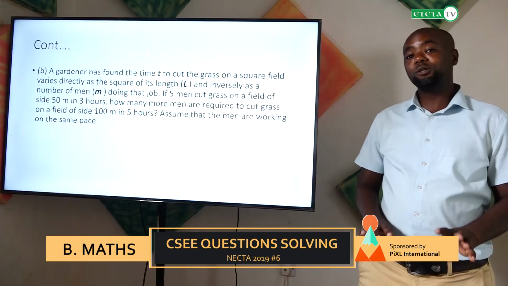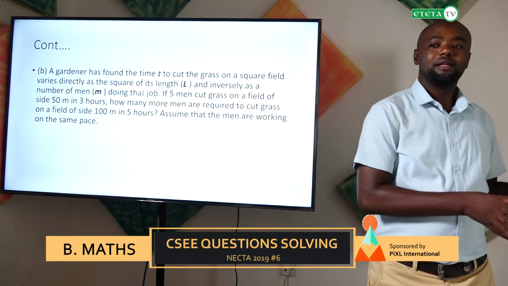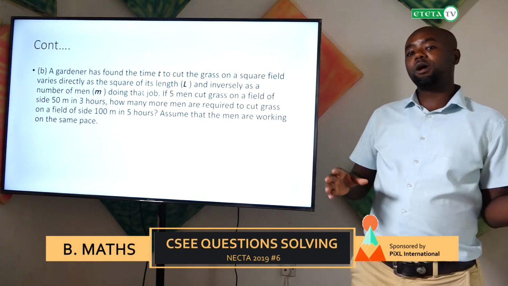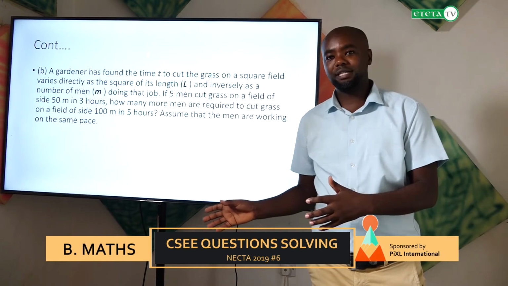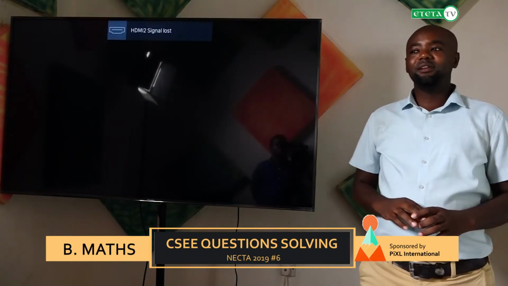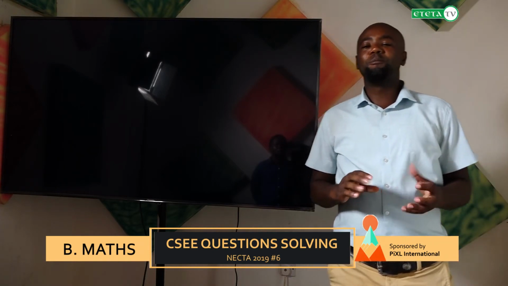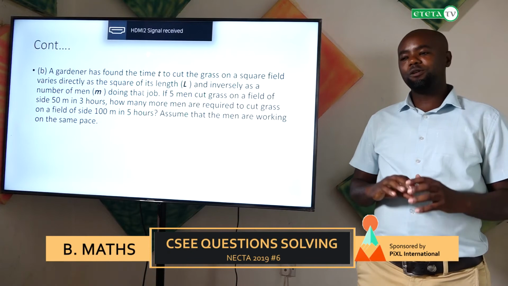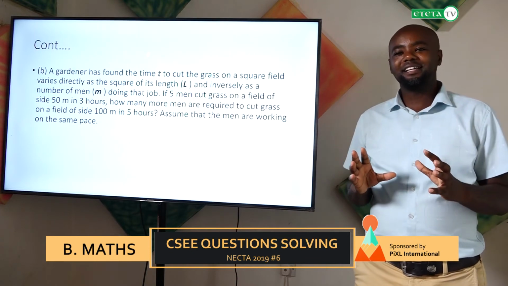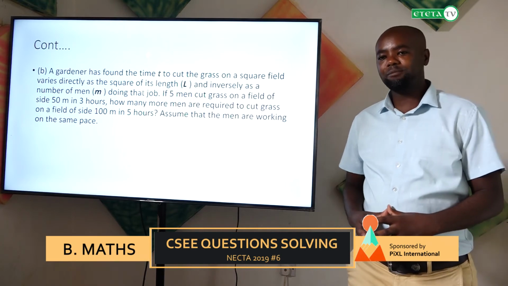So here you are supposed to understand that you have been given some values, and some you don't have, that are missing. So you are supposed to make the variation proportionality. Make sure you find the equation, the relation of those variables which have been given.